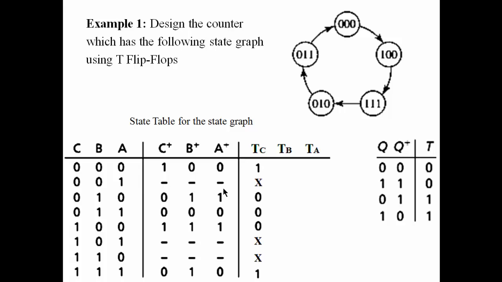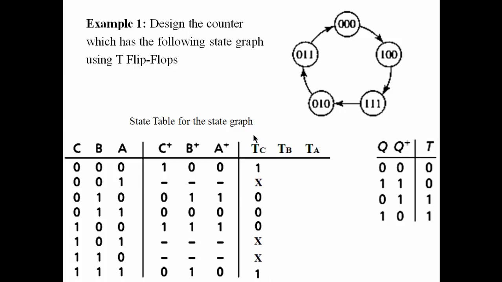Here we just have dashes, so we write X. We obtain the 0 from, let's look at the C here, 0, and the C plus is 0. So let's go to the table and see 0 and 0. We need to write 0 in T, and that's why we see 0 here. And we continue like this until we fill the column.